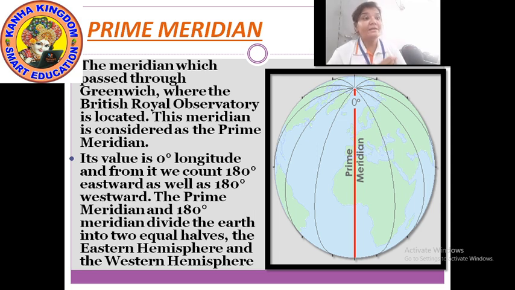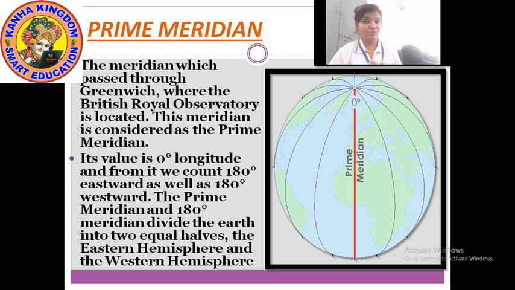From that, 180 degrees are towards the east and 180 degrees are towards the west. Now the prime meridian and the 180 degree meridian divide the earth into two equal halves. Okay, the eastern hemisphere and the western hemisphere. So now it is more easily understood.